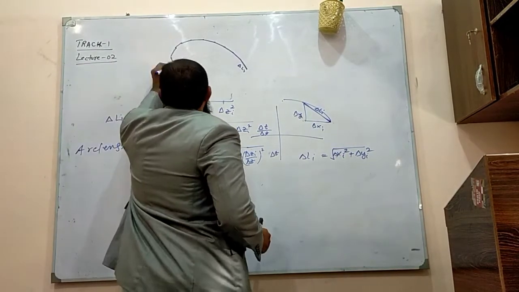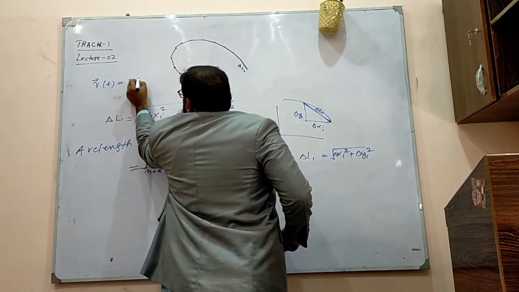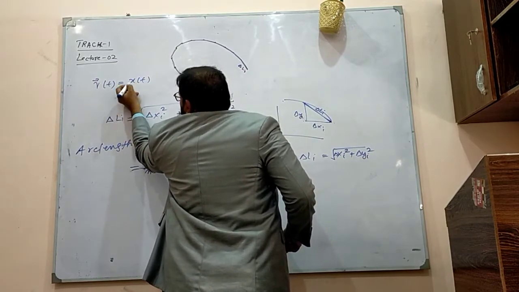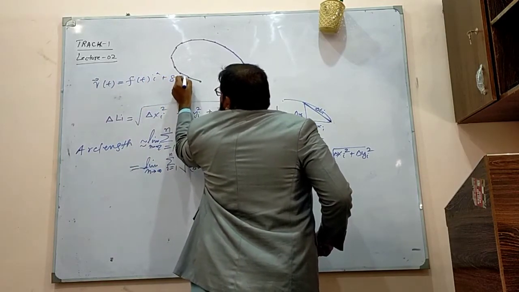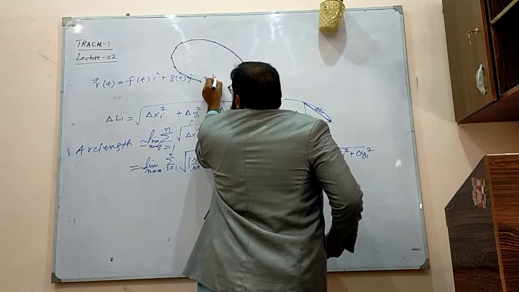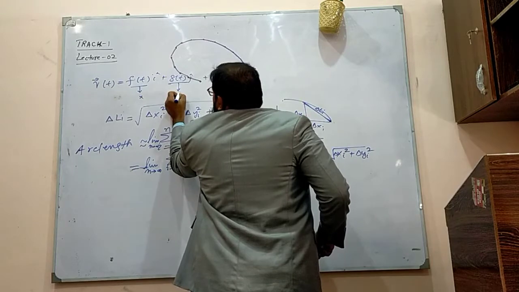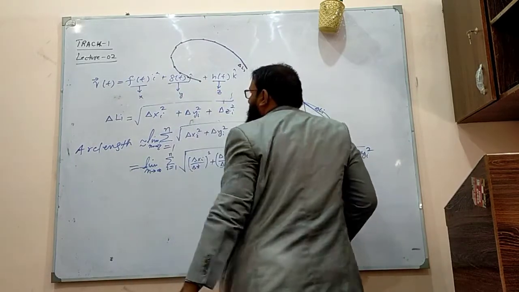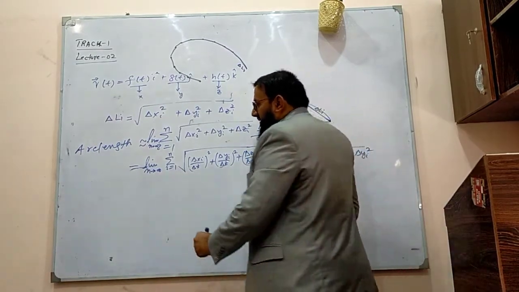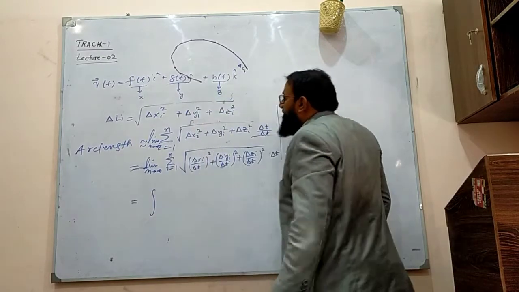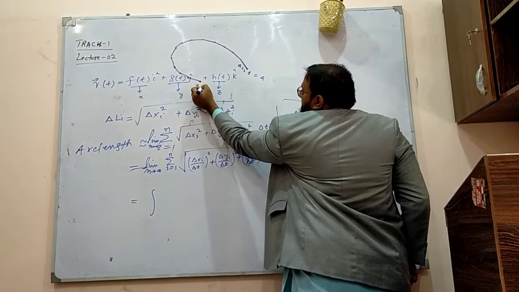And we claim that for this curve, our generalized equation is, we know very well, x of t is going to be the x component. I can write it as f of t i hat plus g of t j hat plus h of t k hat. So this is my x, this is my y and this one is z. So when you apply the limit, this happens: basically the integral from whatever value of t you are taking in the beginning, let's say this is a and this value is at b.